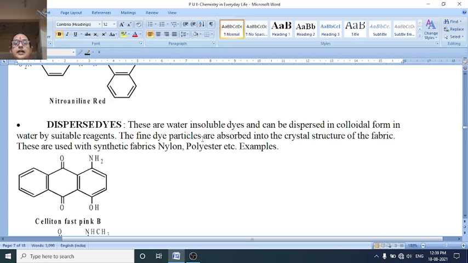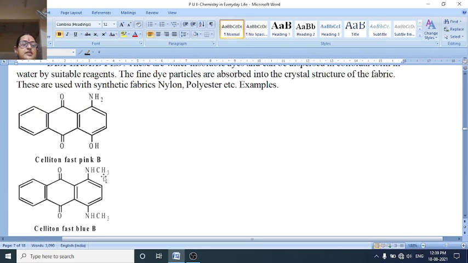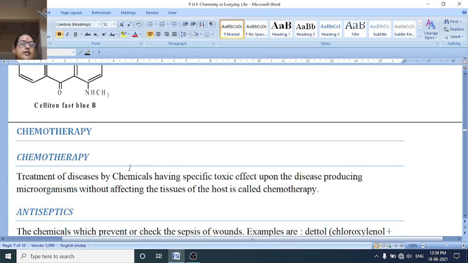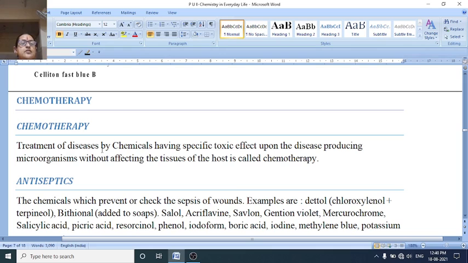The fine dye particles are absorbed into the crystal structure of the fabric. These are used with synthetic fibers, fabrics, nylon, polyester. The examples are here: Celatone, fast pink B, and WB.